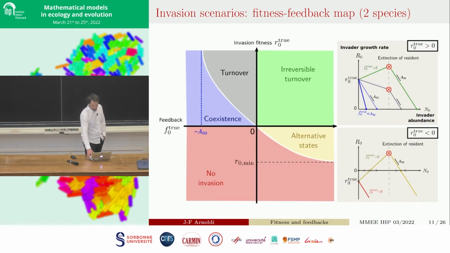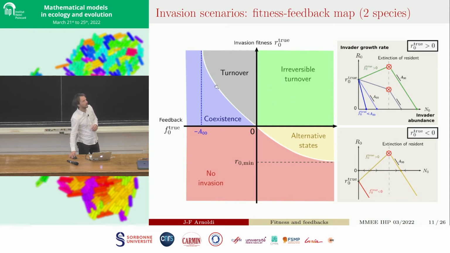Right, and you can graph these various scenarios in a phase space where you have feedback on the x-axis and fitness on the y-axis, and that is for two species. You have the different scenarios in there.